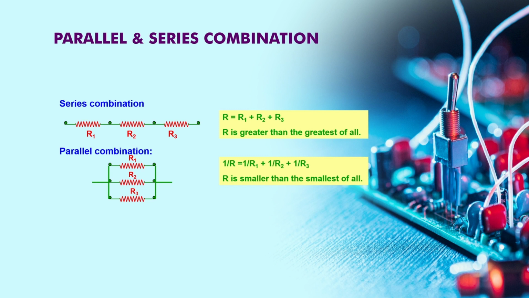The equivalent resistance R is given as 1 by R equals 1 by R1 plus 1 by R2 plus 1 by R3. The equivalent resistance R will be the smallest in all cases. That is, from all the three resistances, the equivalent resistance R will be the smallest one.